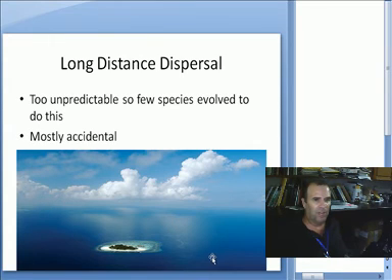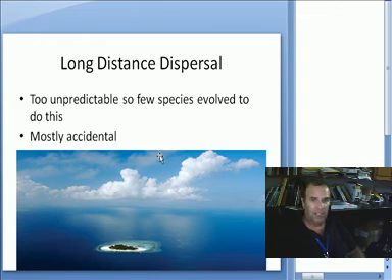You can come very close to the island but not hit it. But if you are flying, you can actually target that island and go straight to it. So that is why you would tend to find more actively dispersed organisms in the terrestrial side of the island.